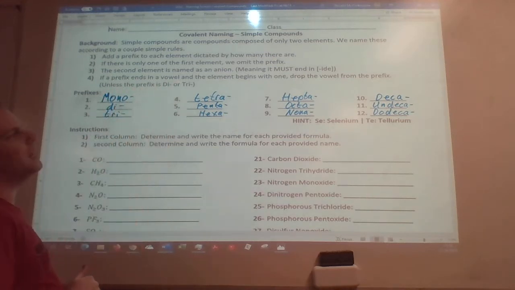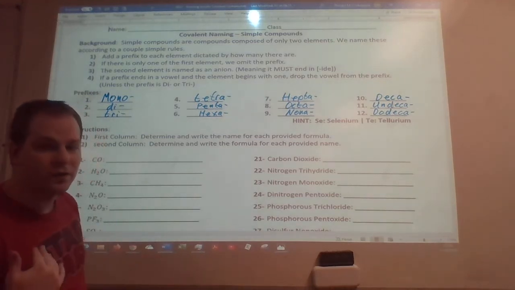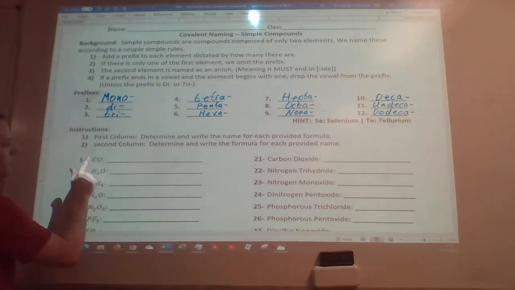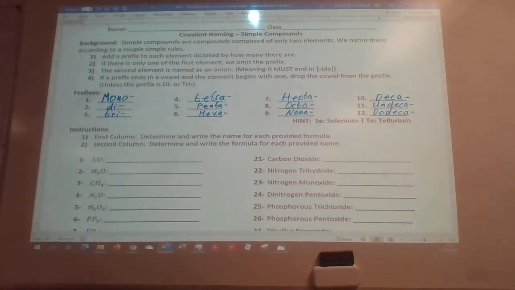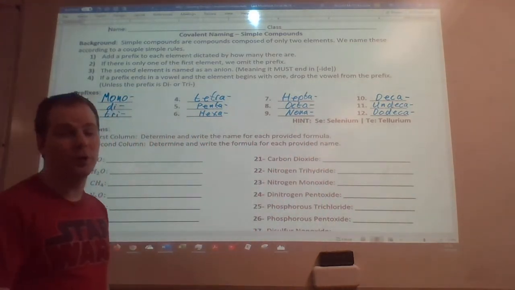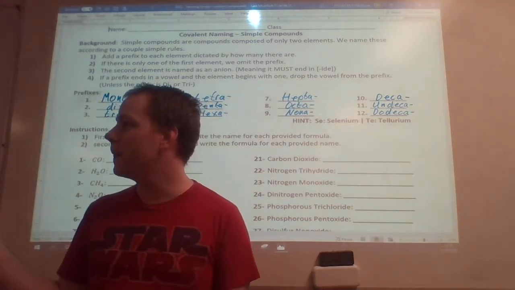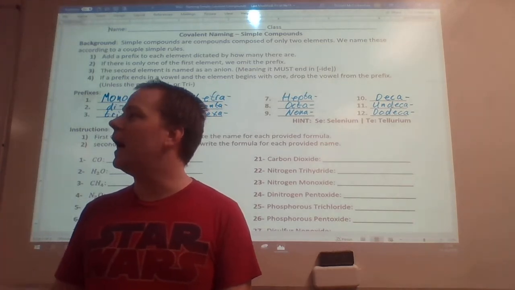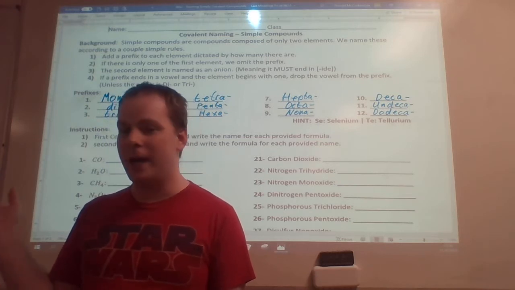The second element must be named as an anion, which means that it has to end in ide. So instead of oxygen, it's oxide. And the last rule: when a prefix ends in a vowel, which all of them do, and the element begins with one, you omit the vowel from the prefix. This mainly comes into effect for oxygen, because oxygen and iodine are the only two nonmetals you're going to be working with that start with a vowel.